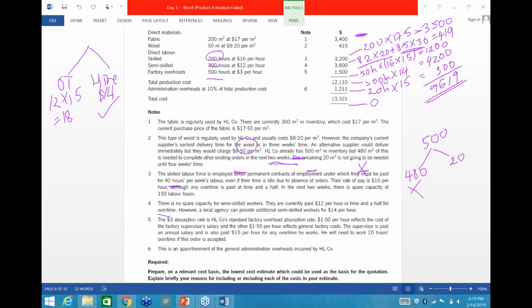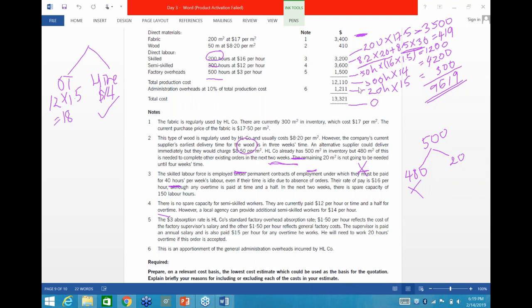Why does 50 hours have to be multiplied by the OT rate? Because the normal hours are fully utilized. They have 150 spare hours which we use for this particular purpose, but they are on fixed term contracts. I don't have to pay anything extra for that.